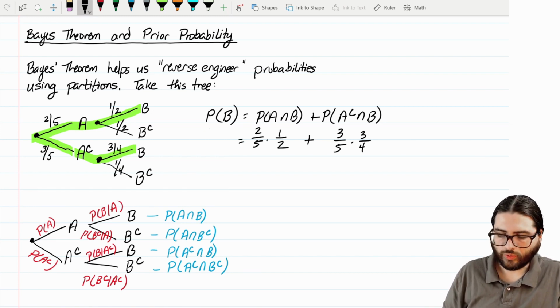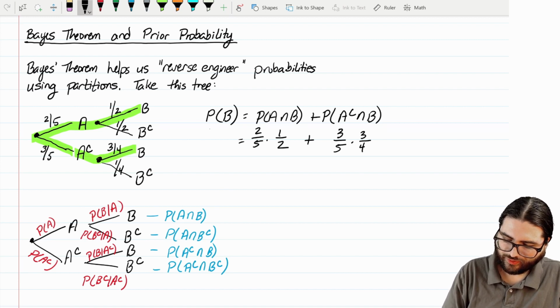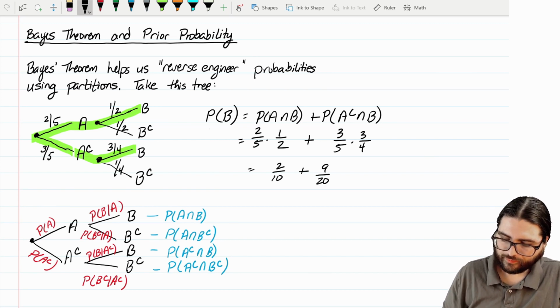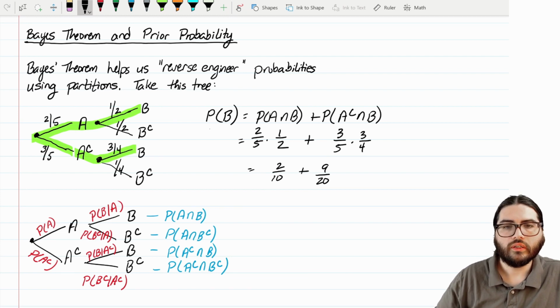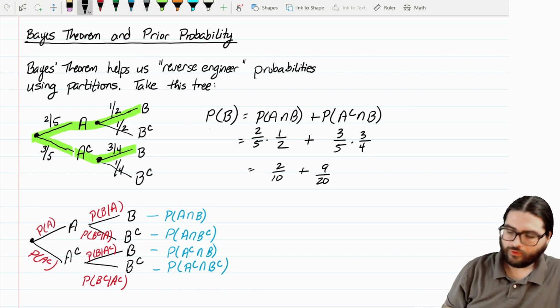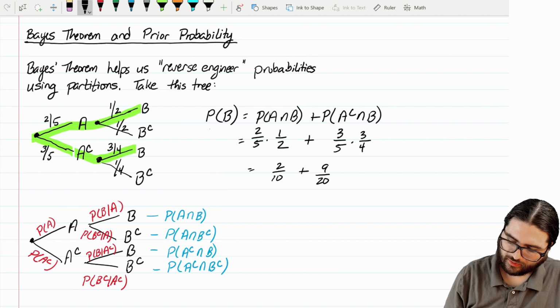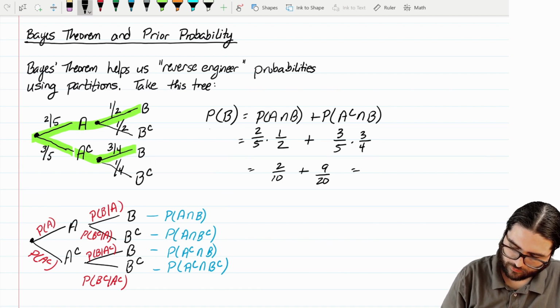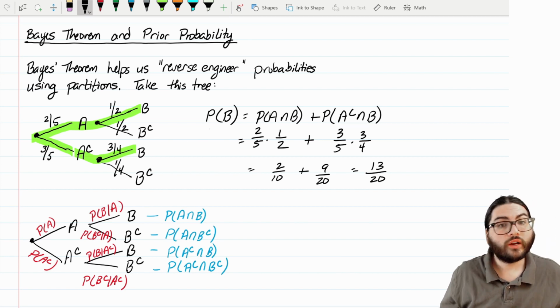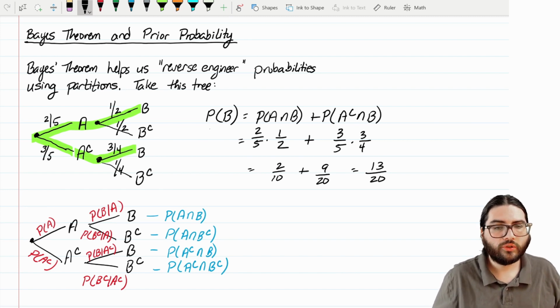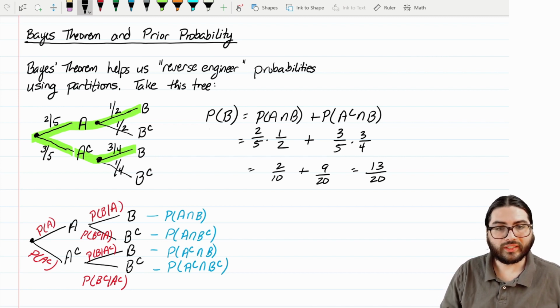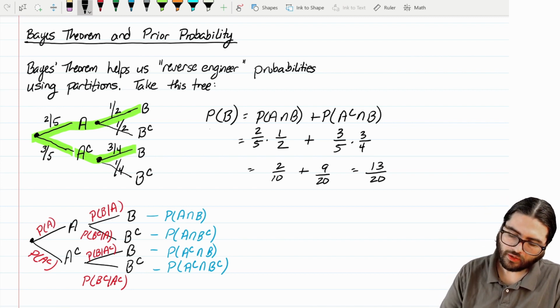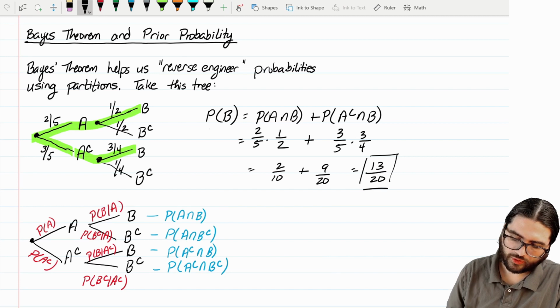We could type all this into our calculator to help us. This is essentially 2 over 10 plus 9 over 20. 5 times 4 is 20. 2 over 10 plus 9 over 20 is 13 over 20. But again, if you had your calculator handy, type it all in, and you don't have to do these fraction calculations manually like I'm doing. 13 over 20.